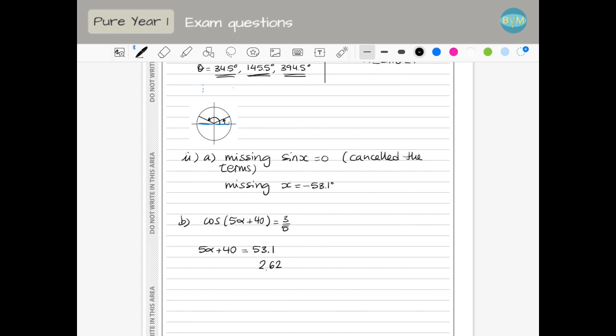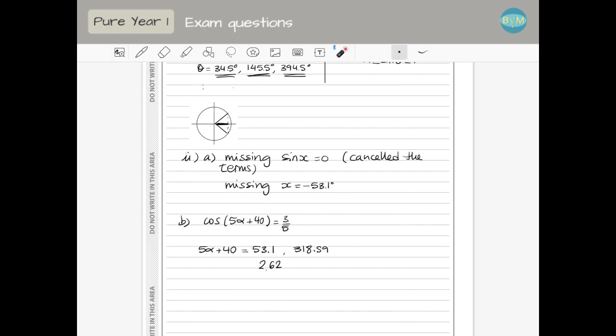Next solution. If I have 53.1 as an angle here, I need the same cos. So the next solution is going to be 360 minus 53.1, the angle symmetrical to this one, because they have the same cos. So the next angle is 318.9.